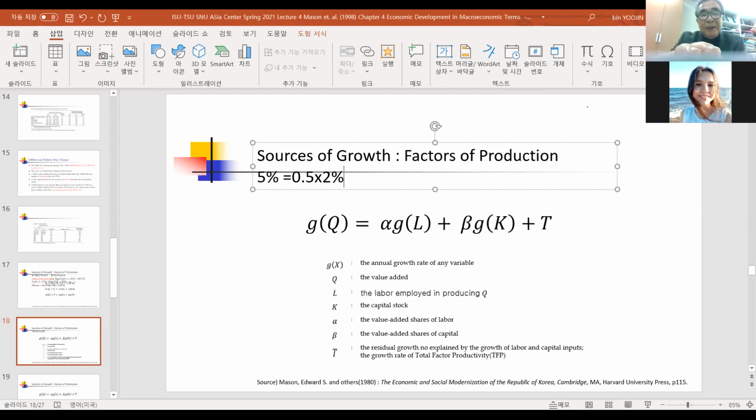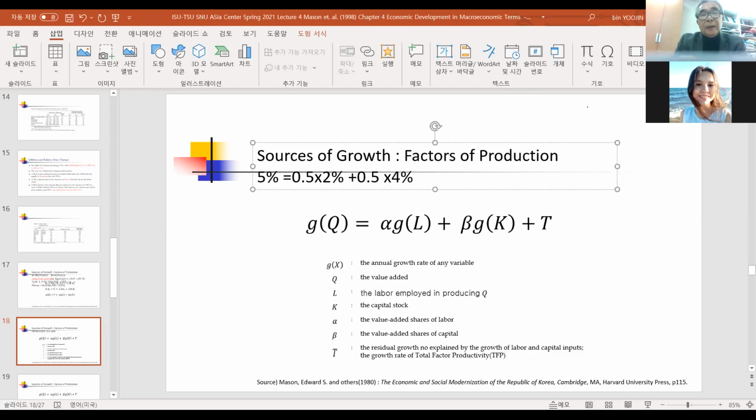At any rate, let me give you some hypothetical. And 0.5 is the share of capital, let's say. But capital has grown 4%.